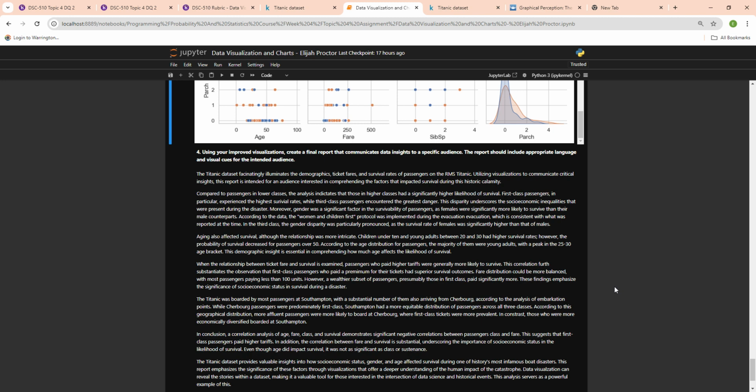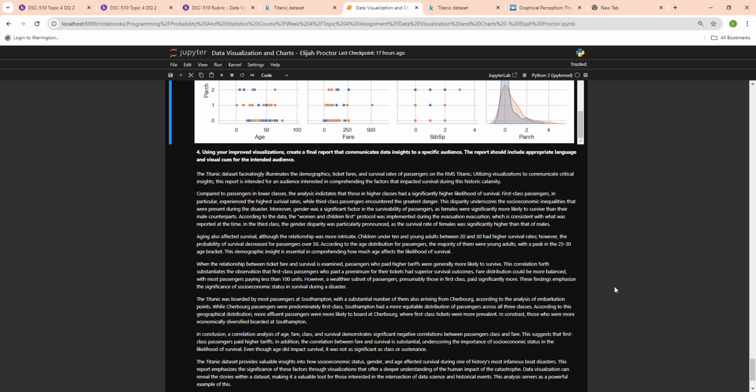Gender also played a major role, with women being more likely to survive than men, especially in the third class passengers. And this aligns with the women and children go first policy that was implemented during the evacuation process. We also found out that age influenced survival too, but this is a little bit more complex because only children under the age of 10 and young adults were more likely to survive, like those within the 20 and 30 age range.